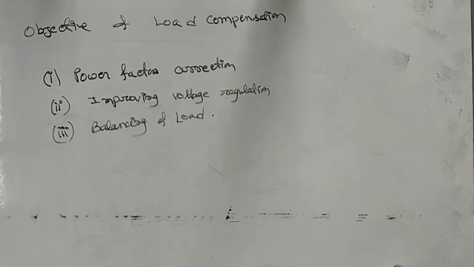Now, load power factor being low, the power system efficiency decreases and the control of voltage throughout the network becomes more difficult. Supply companies penalize the low power factor load of industrial customers. You have studied this tariff, that is power factor tariff.